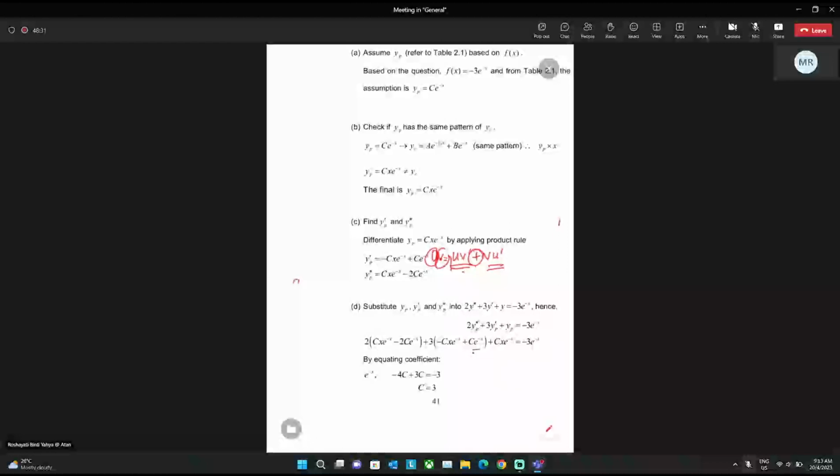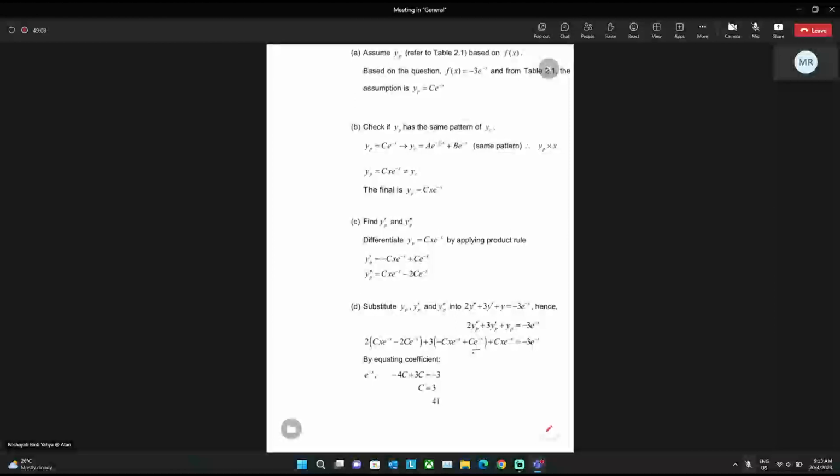If you use integration of UV, you need to go for tabular integration, so that one you need to choose carefully. In this case, product rule, you can select your U or V. Whether X becomes your U or X becomes your V, not a big problem for solving here.